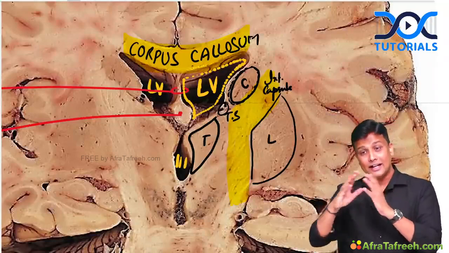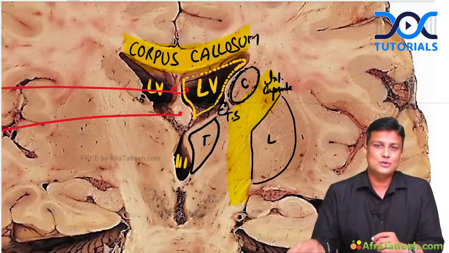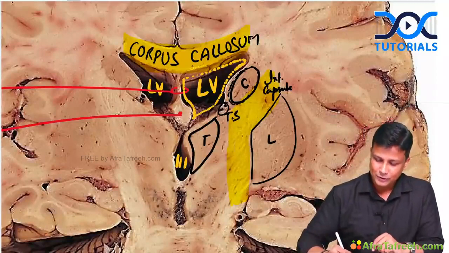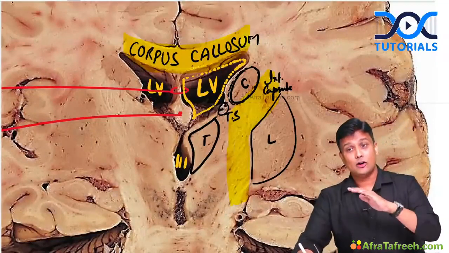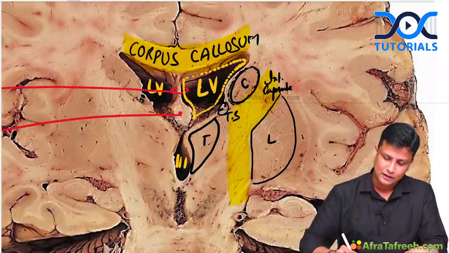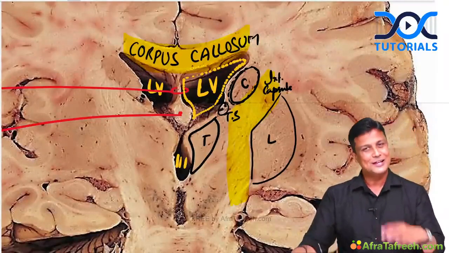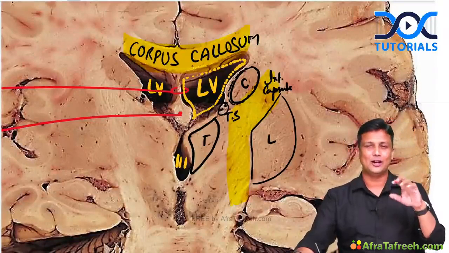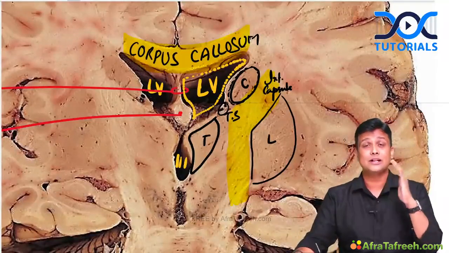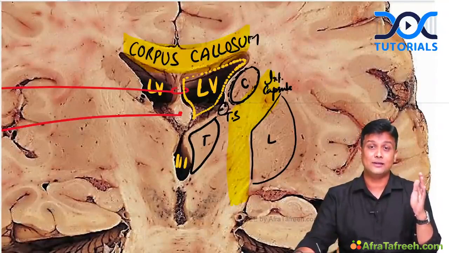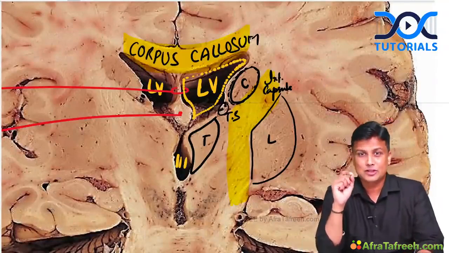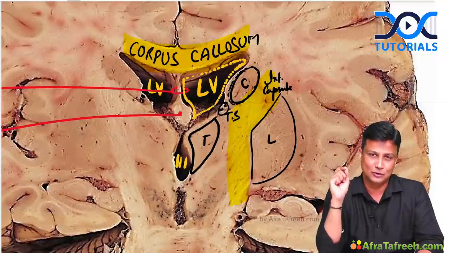Lateral to internal capsule will be the lentiform nucleus here. And what is there on the medial? Medial to internal capsule will be having the caudate nucleus and the thalamus, the caudate and thalamus. So, caudate and thalamus, no need to mug up at all. The caudate nucleus and the thalamus are present forming the medial relation of internal capsule, and lentiform nucleus is the one which is going to form the lateral relation of the internal capsule there, guys.